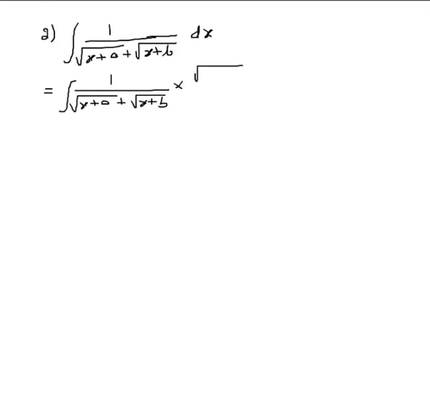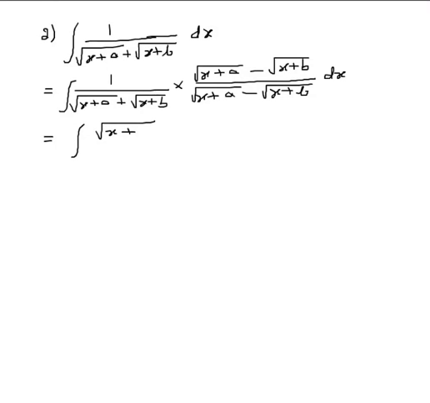The conjugate of the denominator is root of x plus a minus root of x plus b divided by root of x plus a minus root of x plus b into dx.